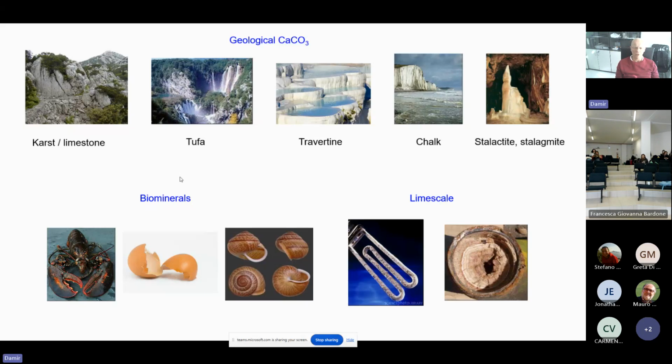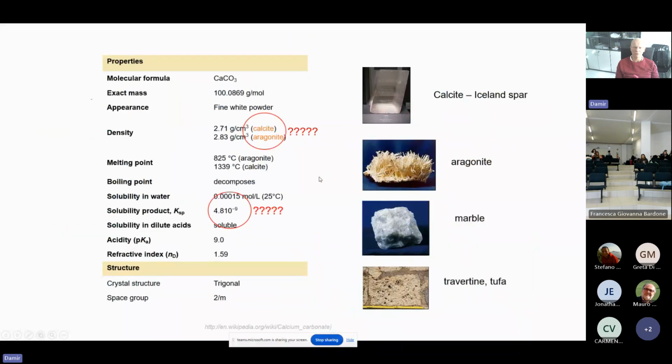It is used as protection in shells and other organisms, but calcium carbonate in the form of limescale is also all around us in technical systems. Here are two examples of unwanted crystallization, precipitation of calcium carbonate.